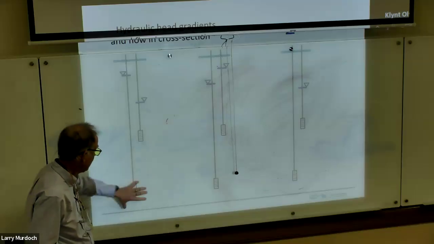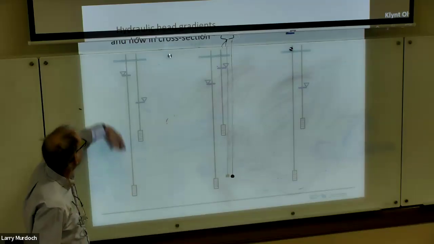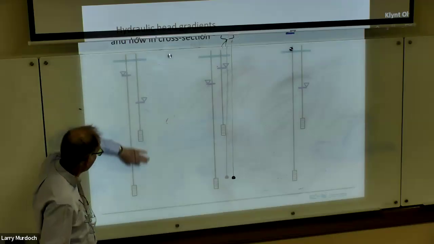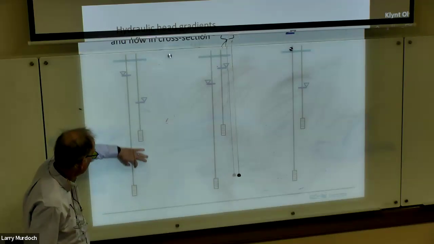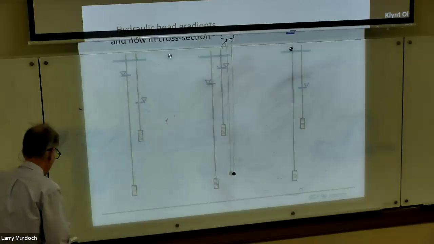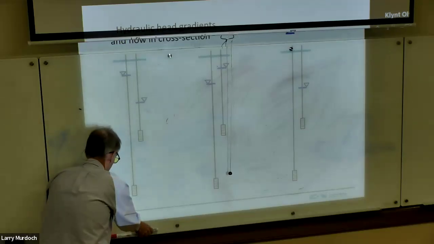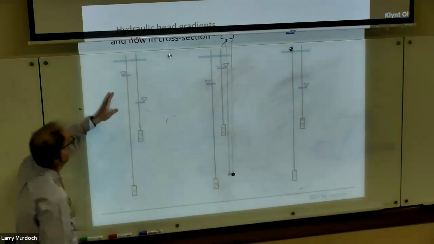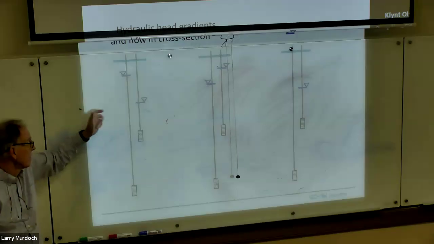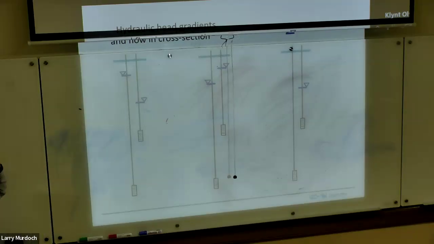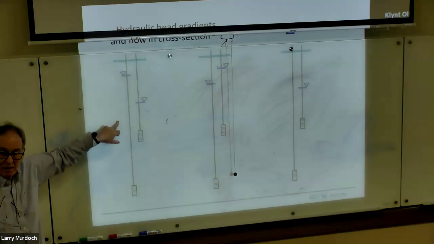Here it is connected to the aquifer, and this is the water level inside of that sealed tube. So well screen, this would be the casing, and we have the water level like you see there. So what I wanted you to do is tell me what was the hydraulic head gradient and what direction is the water flowing. So what about this one?